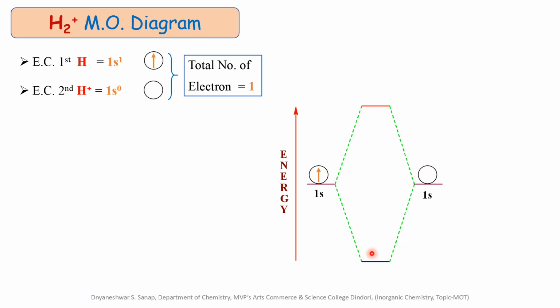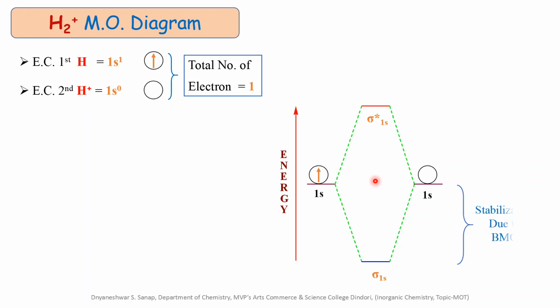Out of these two molecular orbitals, one is lower in energy, called the bonding molecular orbital, and one is higher in energy, called the anti-bonding molecular orbital. The lower energy bonding molecular orbital is denoted by sigma 1s, and the higher energy antibonding molecular orbital is denoted by sigma star 1s. This decrease in energy in the bonding molecular orbital is balanced by the increase in energy in the antibonding molecular orbital.